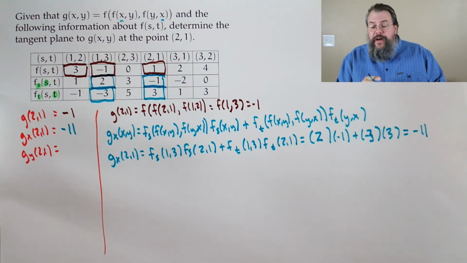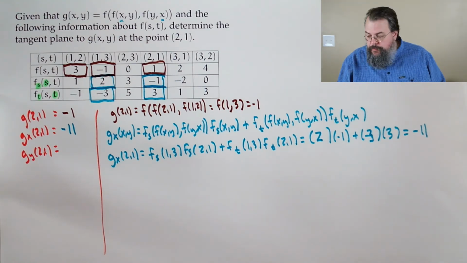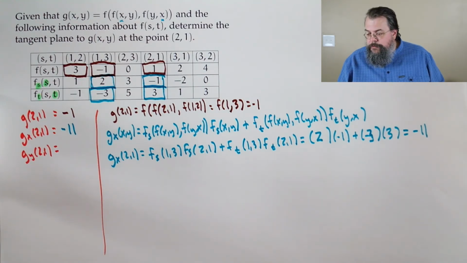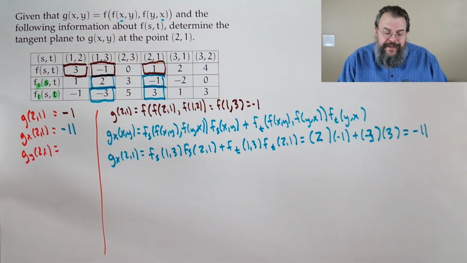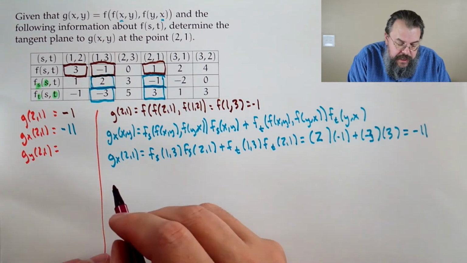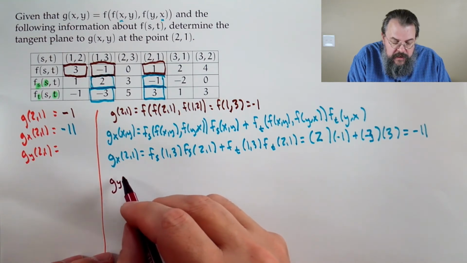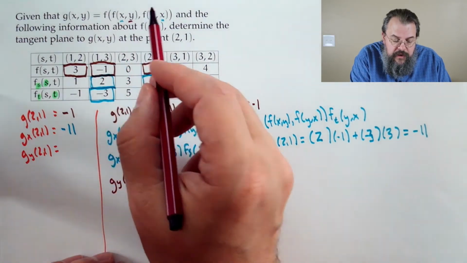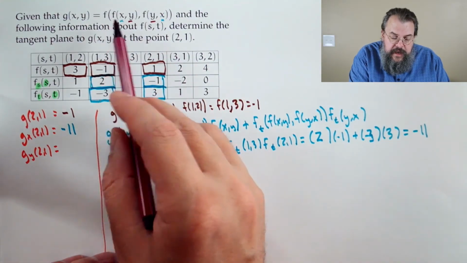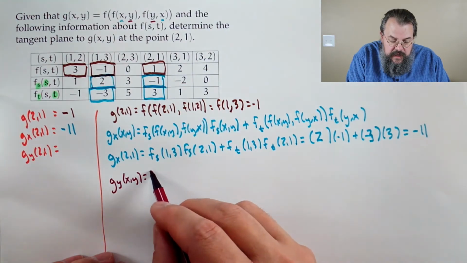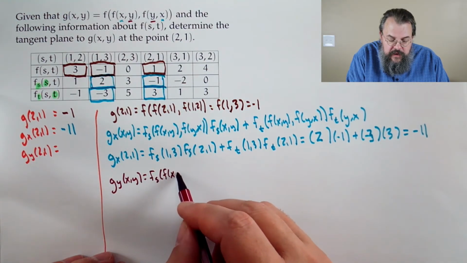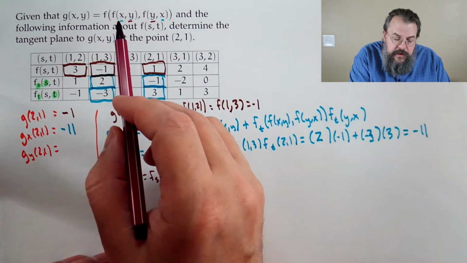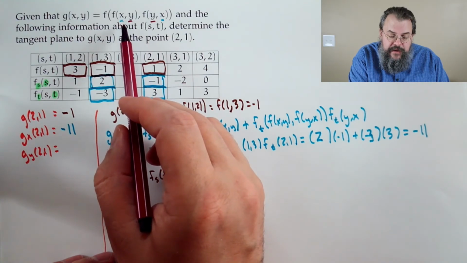Now we're going to repeat the same process, but do it for g sub y. But of course, once you do it once, the second time should hopefully be not so bad, right? Same ideas. So we get g sub y of (x, y). Well, we say, look, y shows up in both slots. So take the derivative of the outside with respect to the first slot, f sub s of (f(x, y), f(y, x)), times the derivative of the first slot with respect to y.